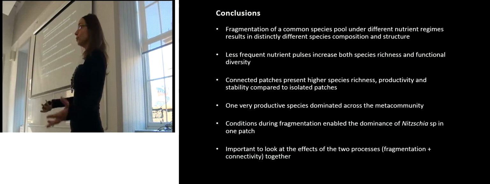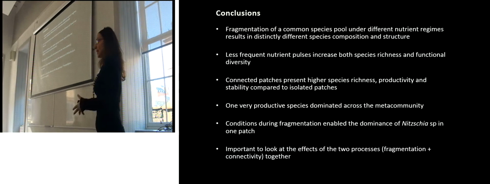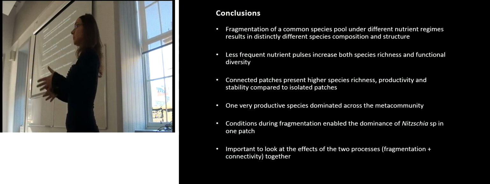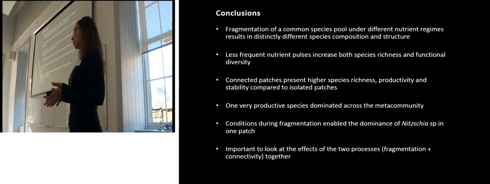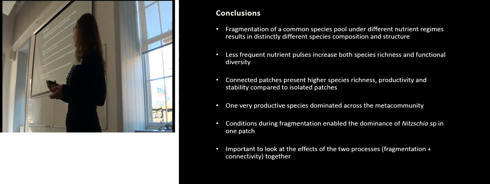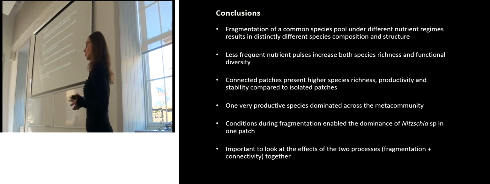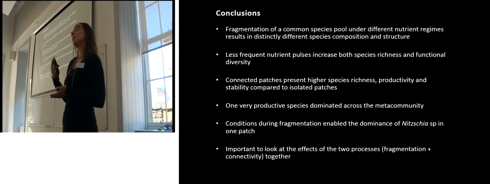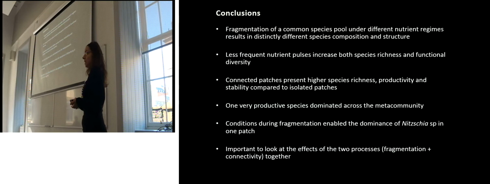So our conclusions, to sum up: fragmentation of the same species pool under different nutrient regimes can result in different species composition and structure. Less frequent nutrient pulses can increase both species richness and functional diversity. Connected patches have higher species richness, productivity, and stability compared to isolated patches.